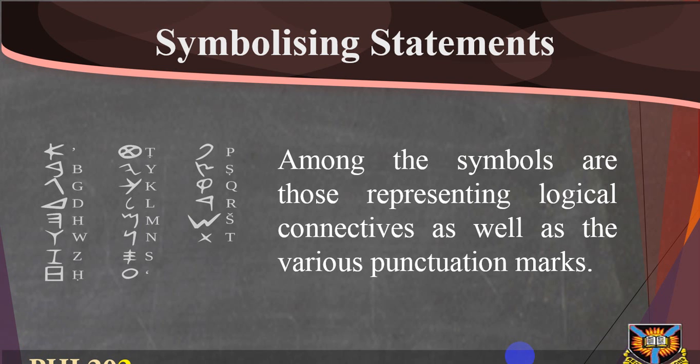That the different ways of punctuating this statement do make a difference can be seen from the following case in which P is false while Q and R are both true.